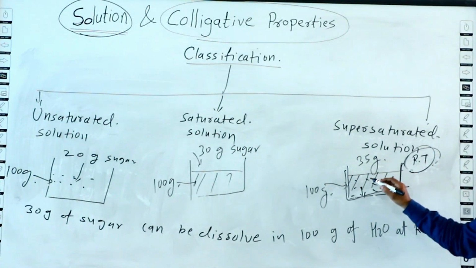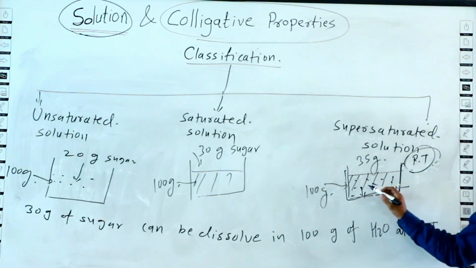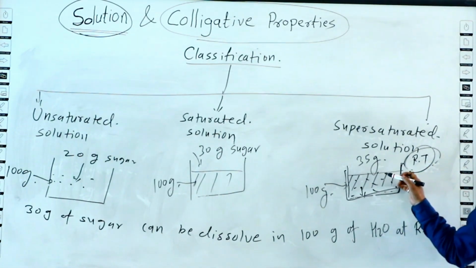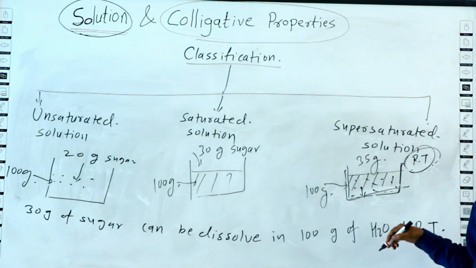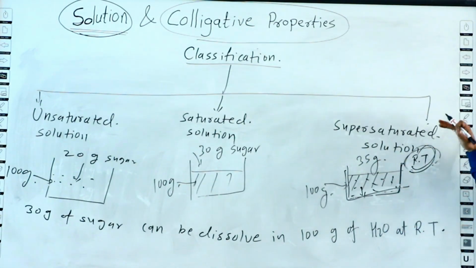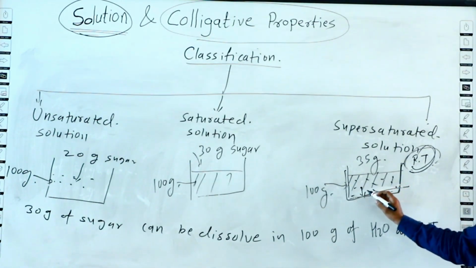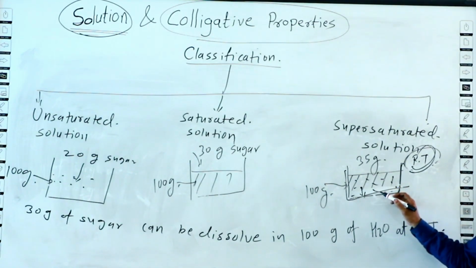then dissolving and undissolving type of equilibrium will be attained here. As the temperature decreases, the number of components which are dissolved are converted into undissolved form, and for the supersaturated solution, if the temperature decreases, then the solution again contains some undissolved particles.